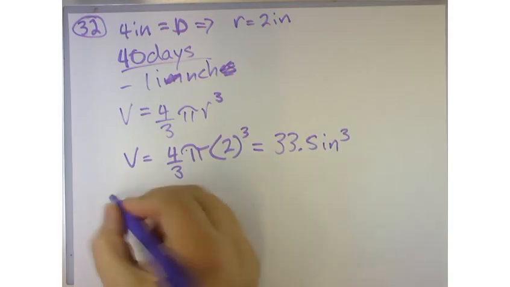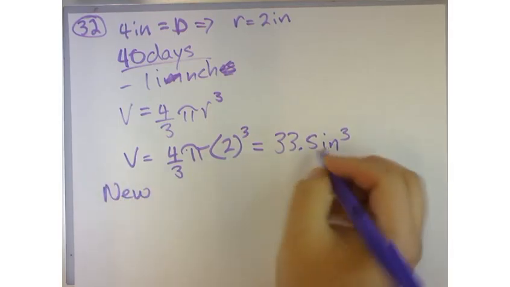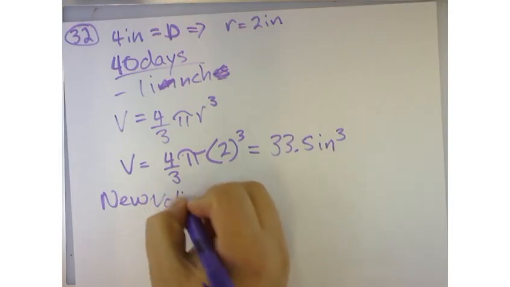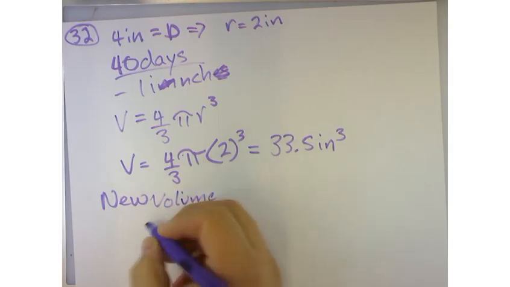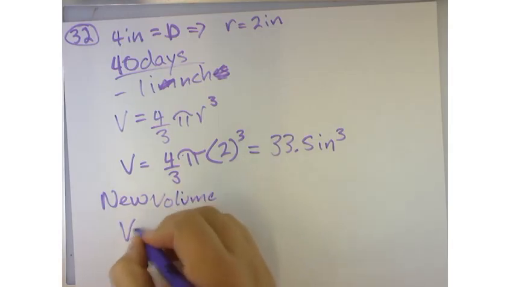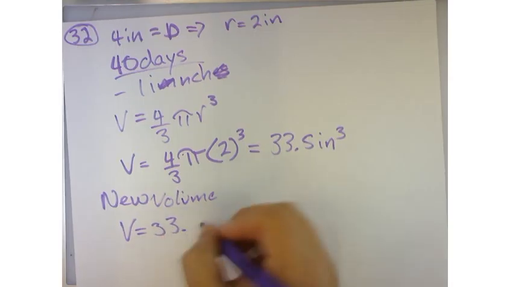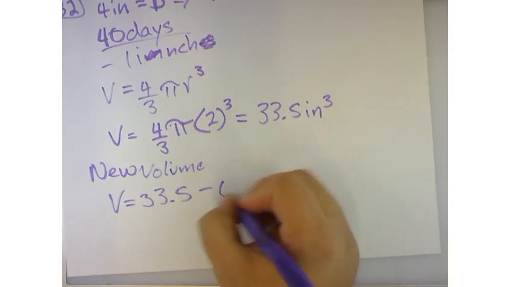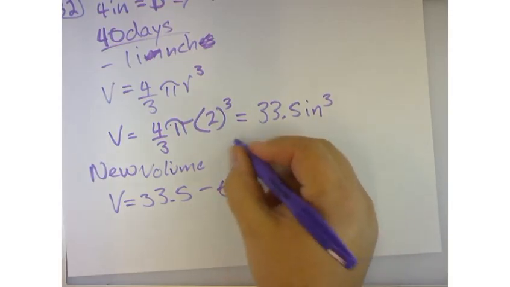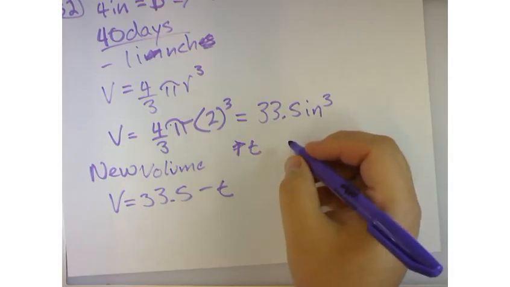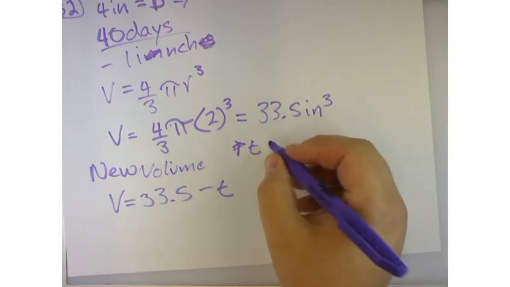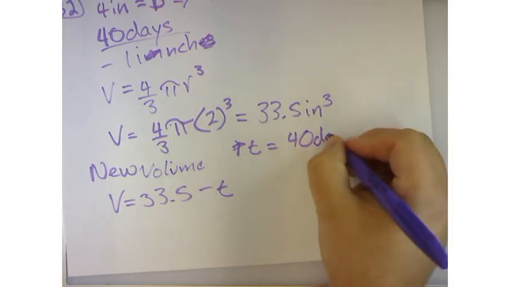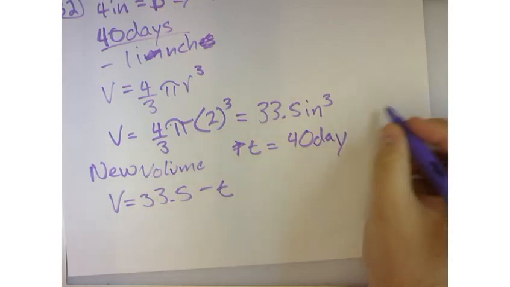Well, the new volume, that's the size of it when you put them in the freezer. The new volume would be the original volume, 33.5, minus T. And let's make a little side note that we'll let T represent the number of days, 40-day periods, because it loses 1 inch every 40 days.